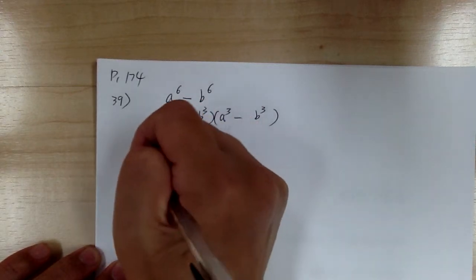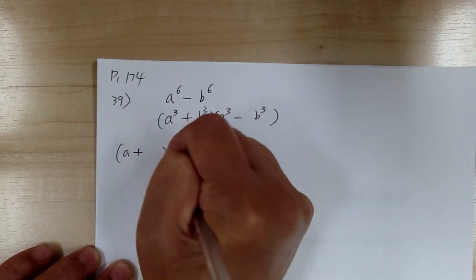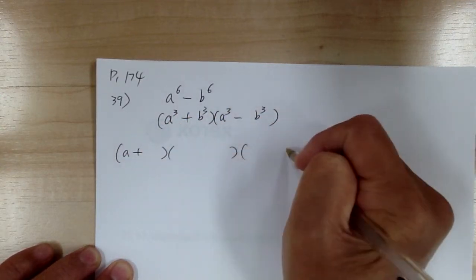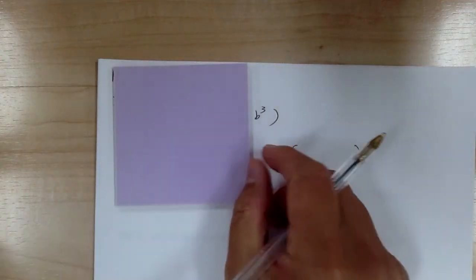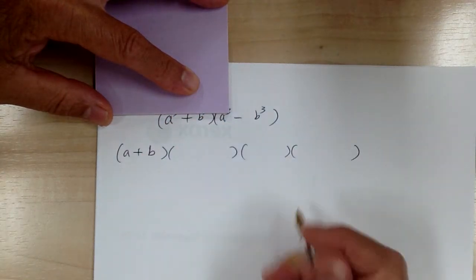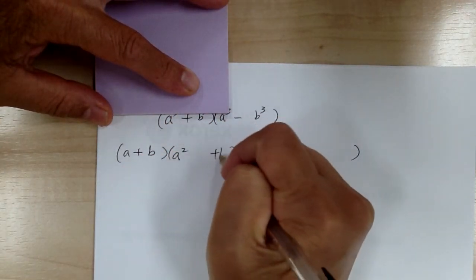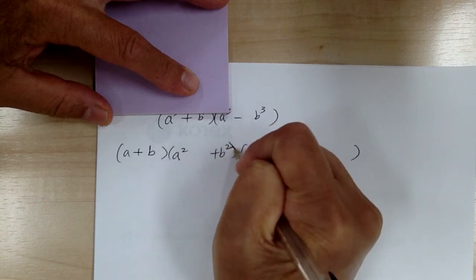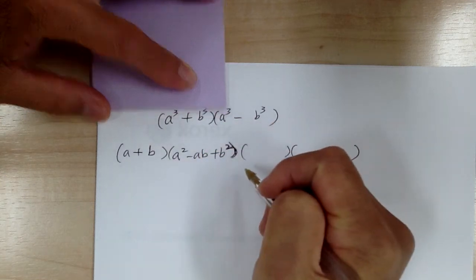So for this one, you're going to get 2 sets of parentheses, one small, one big. The first one, you just get rid of that, so you're going to get a plus b, right? And over here, you square that, you get a squared. You square that, you get plus b squared. And then the middle term is opposite, so it would be minus ab, right?